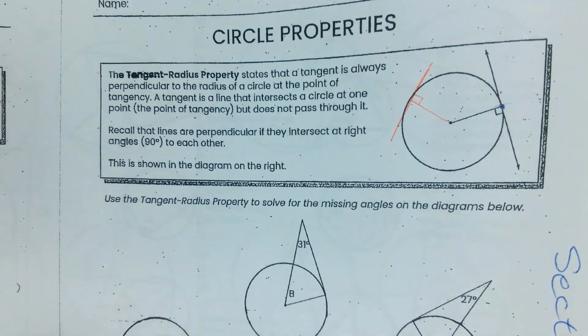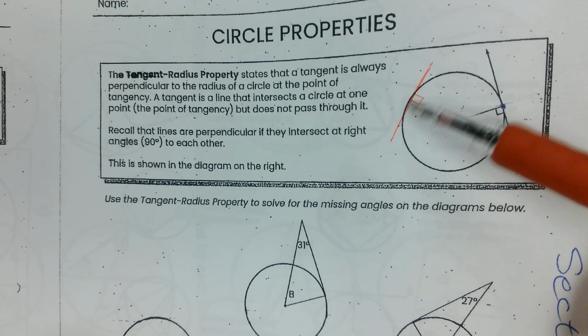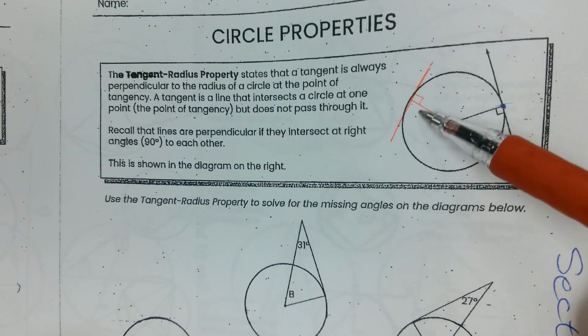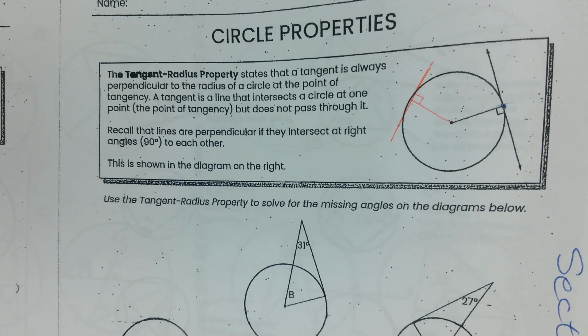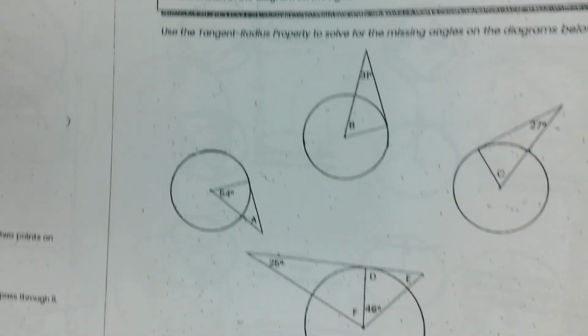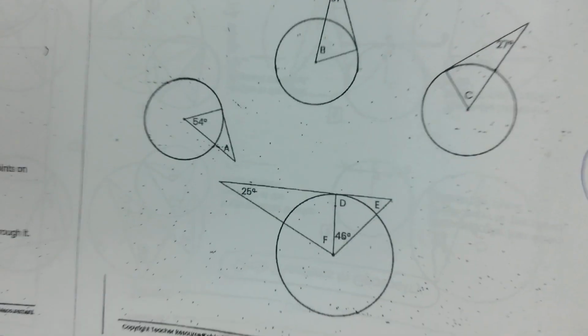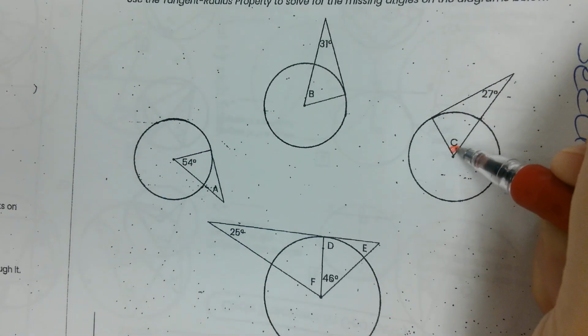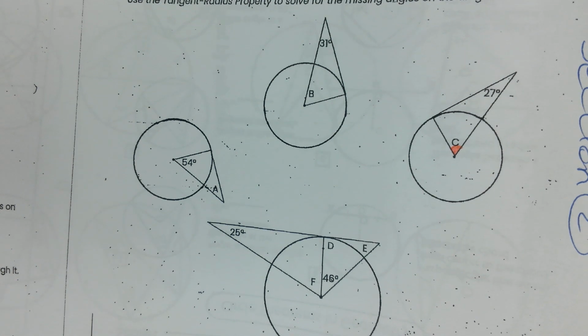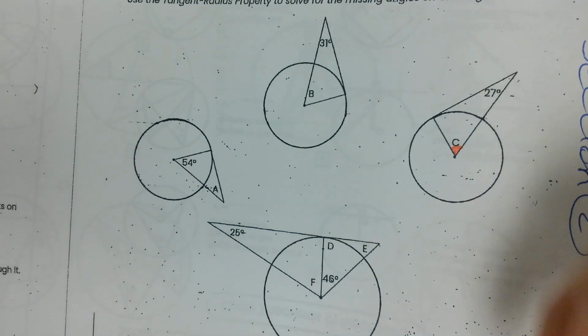I could draw any other tangent with radius, and that's also 90 degrees. So having said that, what is the angle C right here then? What is this angle? 63.